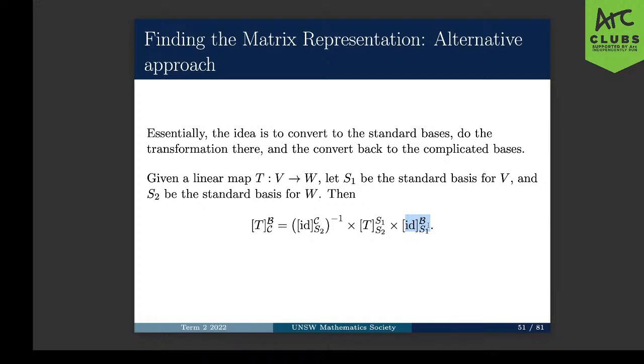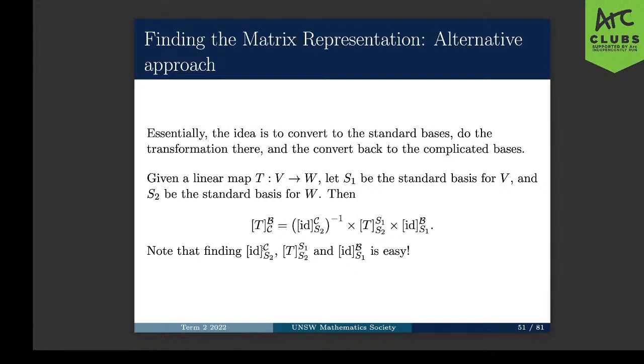This one is the change of basis matrix, the identity map on V. We convert a vector with respect to B into something with respect to S1, the standard basis. We apply the transformation and get a vector with respect to the standard basis for W. And then we convert that vector back into a vector with respect to C. So it's the inverse, which swaps the order of these two.